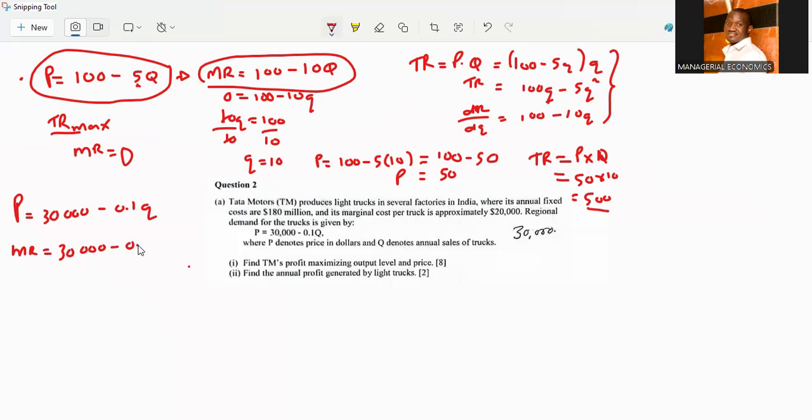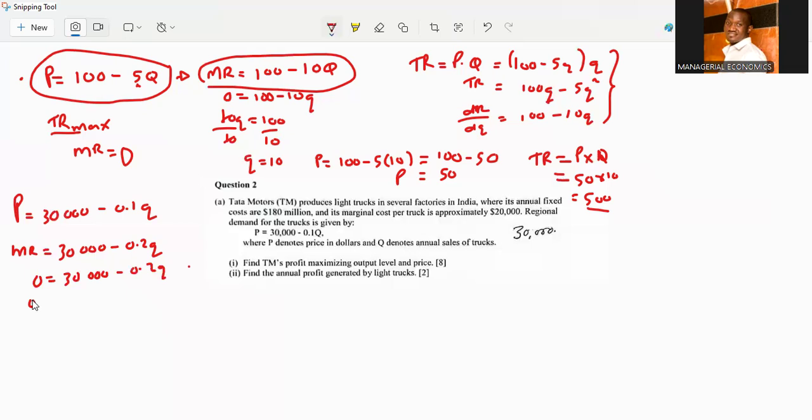0.2Q. You're just multiplying this by 2 altogether. Then you equate to 0. 0 is here, 30,000 minus 0.2Q. So what happens when this one goes to the other side?